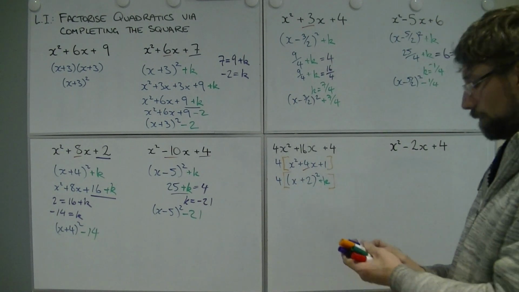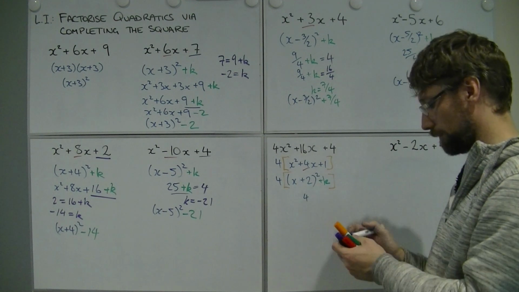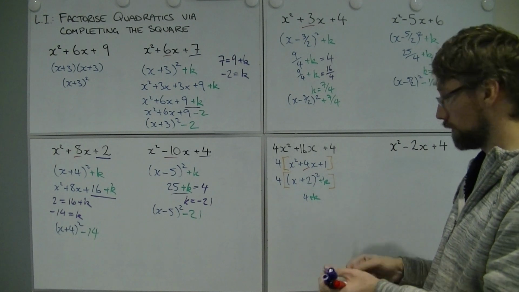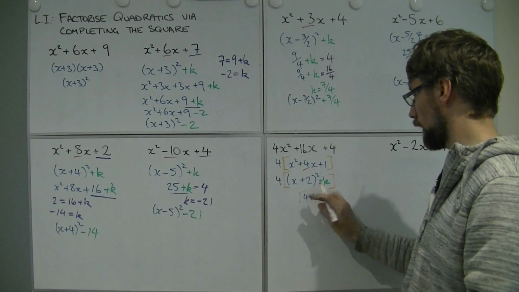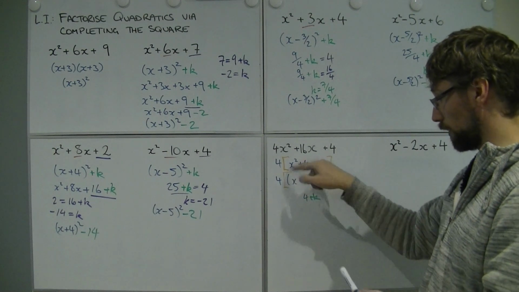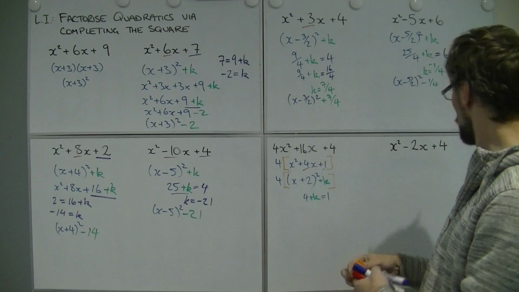If I was to expand this out, I'd have 2 squared is 4, plus the k, and keeping in mind we're still in the orange bracket, that has to equal that 1.